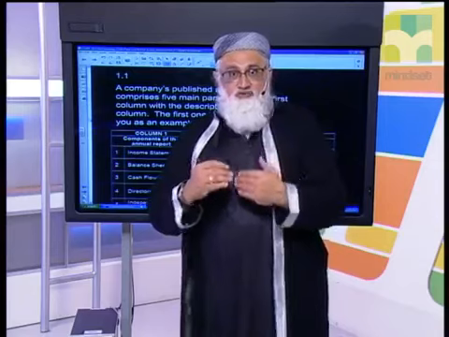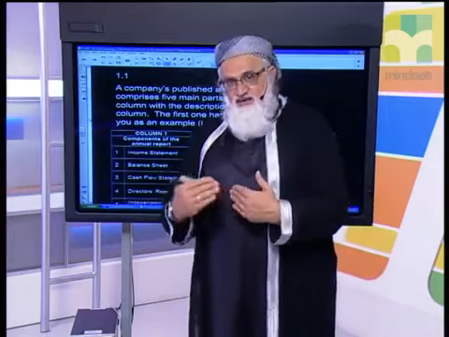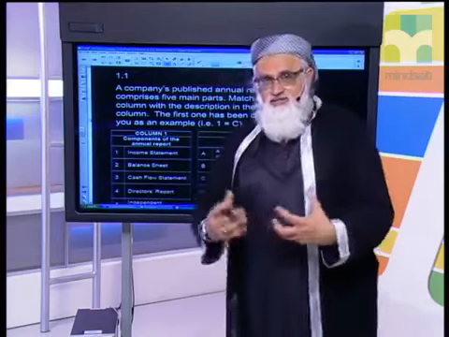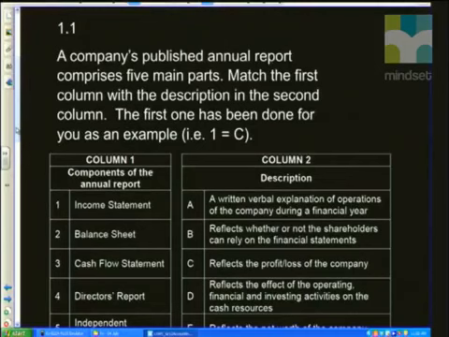Notice the layout of your exam papers these days, they are prepared in such a way that they give you an appetizer, something just to get you into the question. Firstly, we've got to match. They say companies publish an annual report, which comprises 5 main parts. Match the first column with a description in the second column.